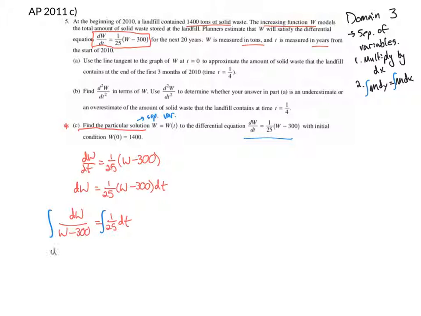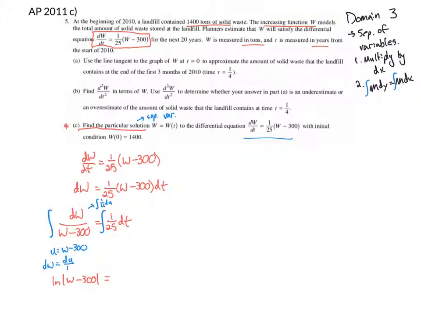So you would do u equals W minus 300, and then you would see that dW would be equal to du over 1. It wouldn't change that much. This integral would end up being a 1 over u pattern, which is an ln integral. So this antiderivative becomes ln of the absolute value of W minus 300.